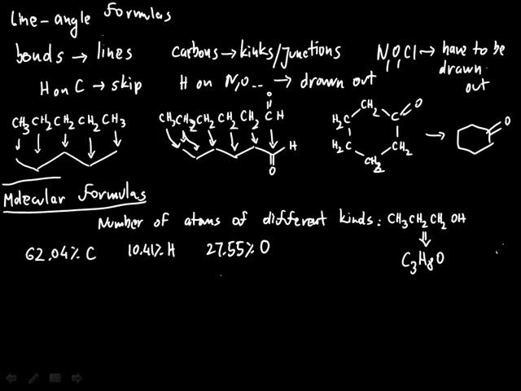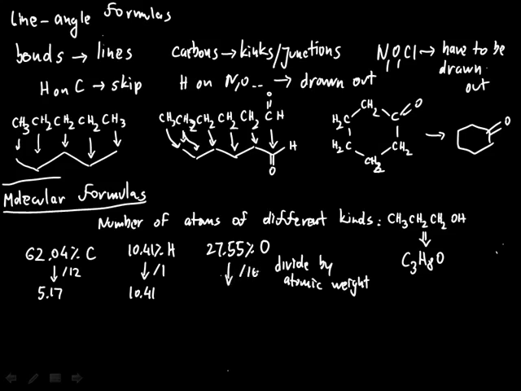To do that, we'll simply divide each one of these numbers by atomic weight. And so if we divide this by 12, we'll get 5.17. If we divide this by 1, we'll get 10.41. And if we divide this by 16, we'll get 1.72.